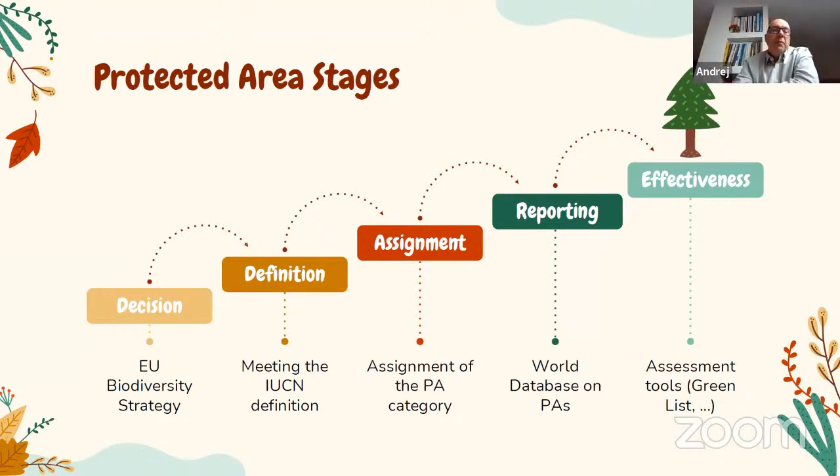Here, I'm focusing more, and I'll share a couple of words and thoughts later, on the new EU Biodiversity Strategy 2030. Because in the European Union, we all know that European Union law is higher than the national law.